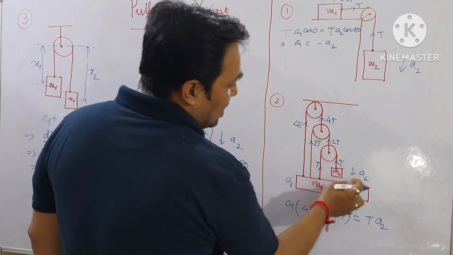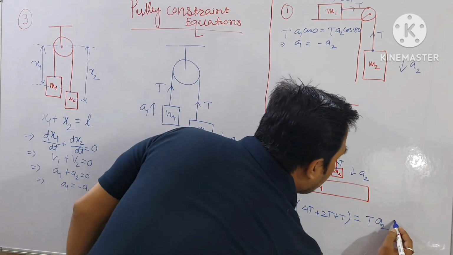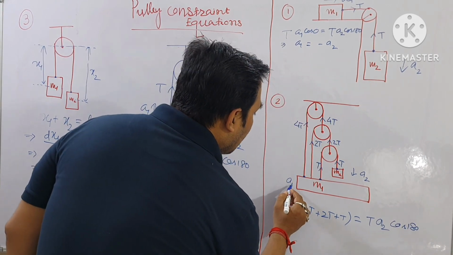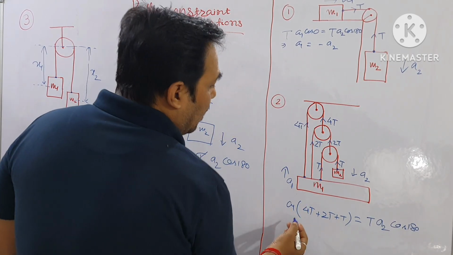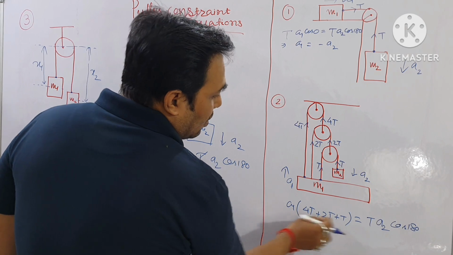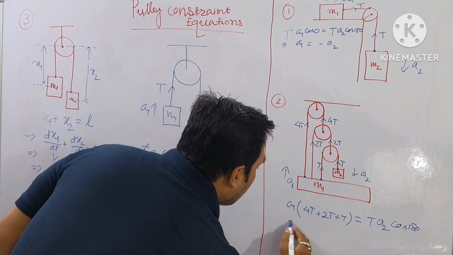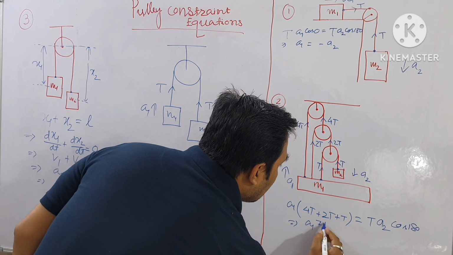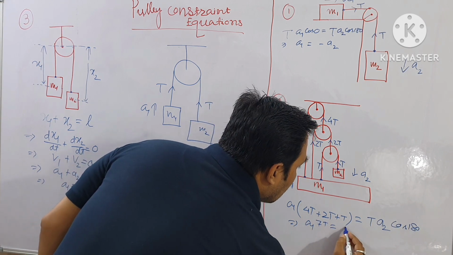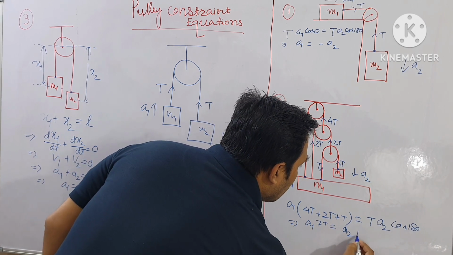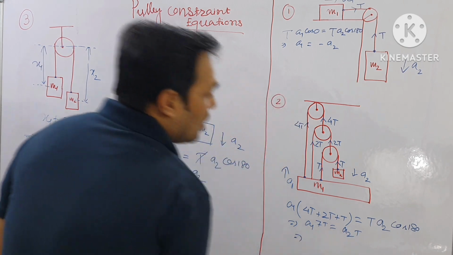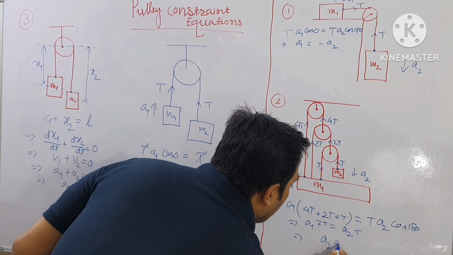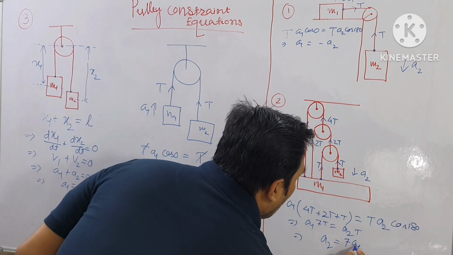So for this system, you can say here cos 180, and for this, moving upward, it is A1, and the summation of all this tension. So what will you have? A1 into 7T equal to A2 into T. On both sides the tension T gets cancelled, so you get A2 equal to 7A1.